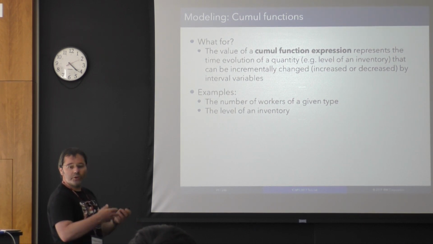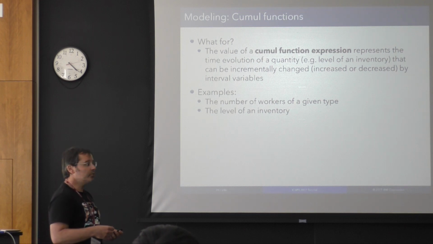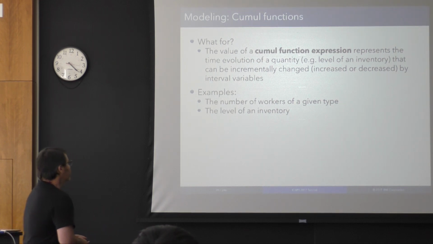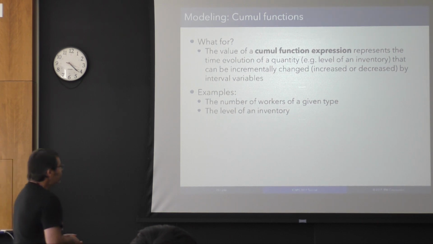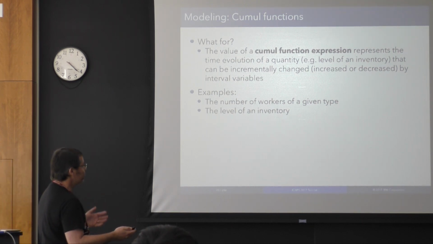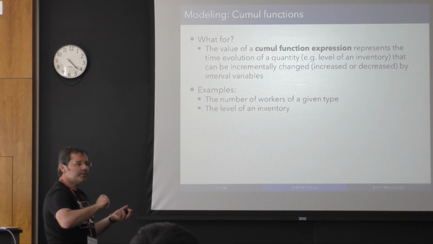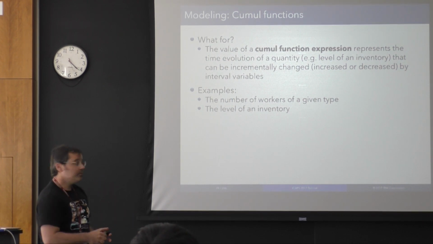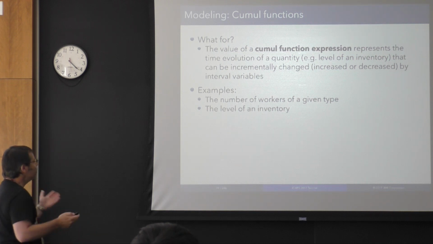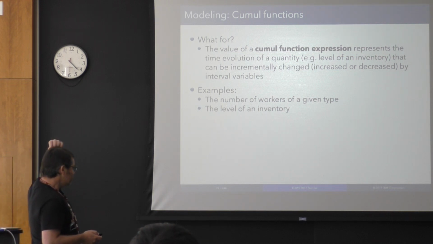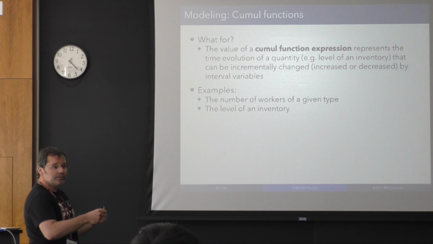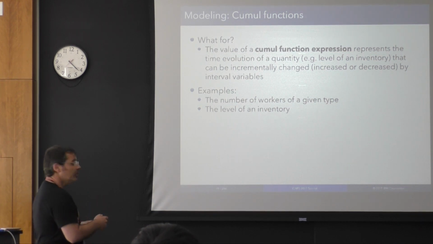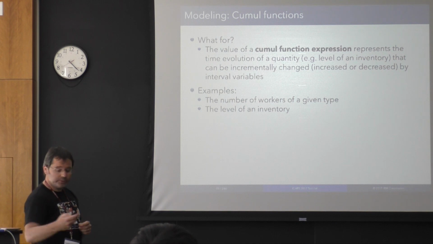But as it's a function expression, the value of a cumul function expression is a function of time. It's a function of time that can change over time, and whose change is incrementally driven by the interval variables. The typical case is modeling the number of workers currently working at any time point in the schedule, or the level of an inventory over time, for instance.